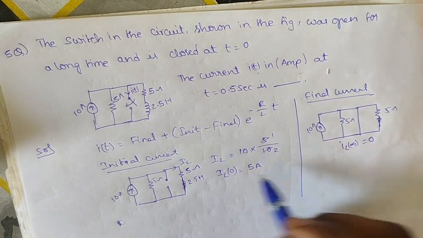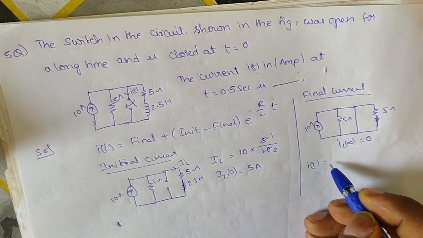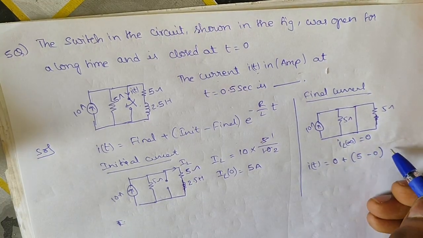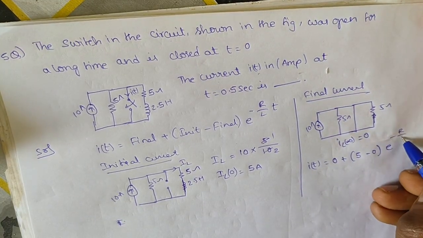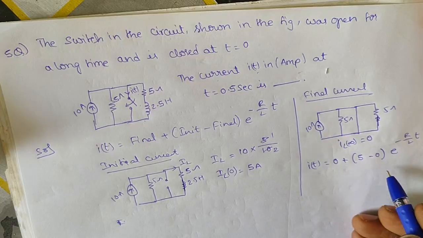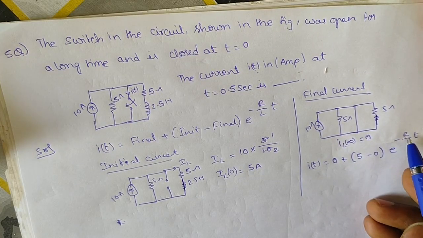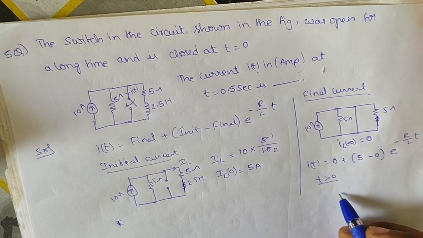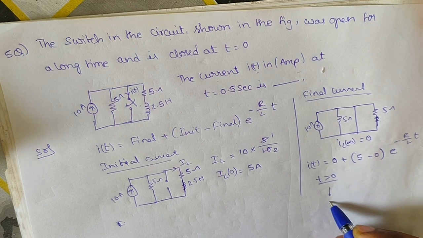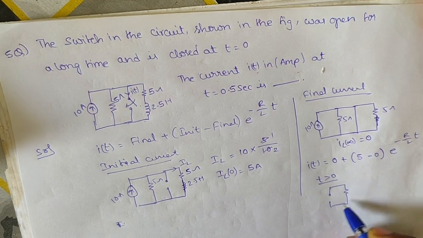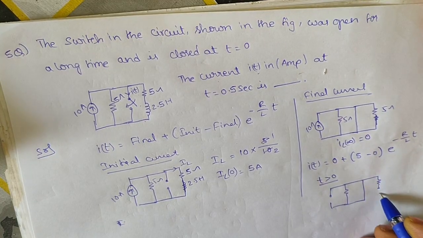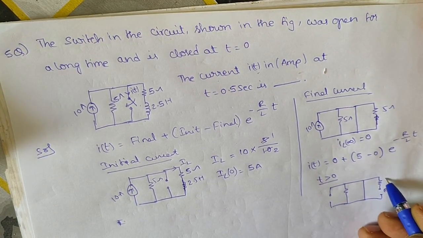So we place in the standard equation: I of t is equal to final value 0 plus initial value 5 minus final value into e power minus R by L into t. We need to find the R value at t greater than 0. Current sources are open circuited, and at t greater than 0 it's a short circuit, and we look from this path for RTH.